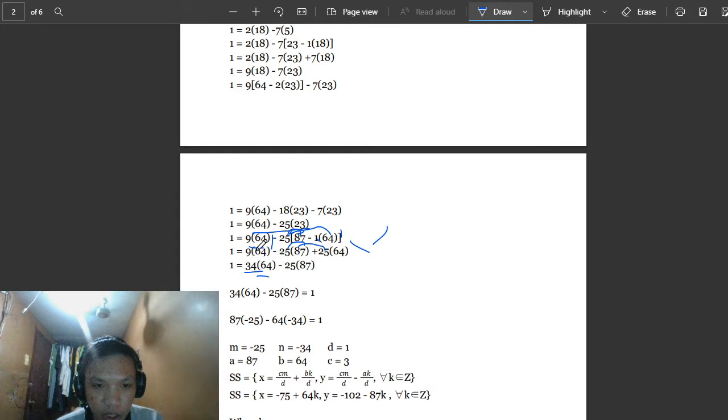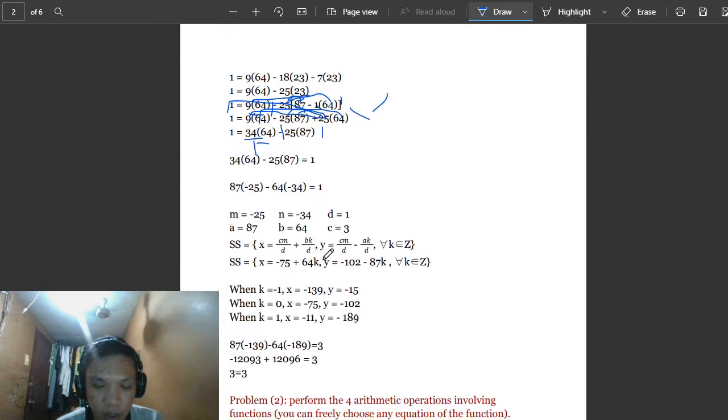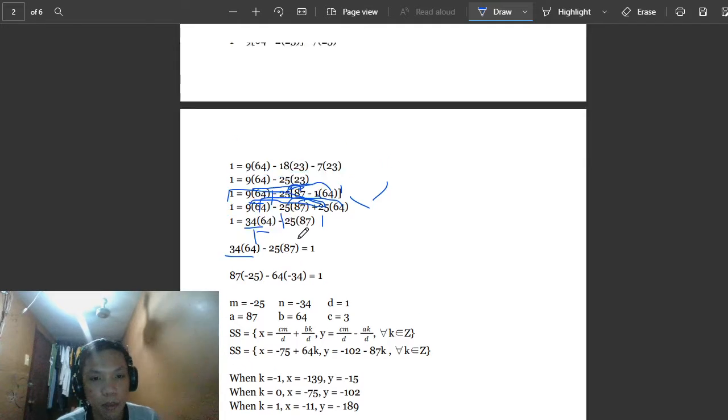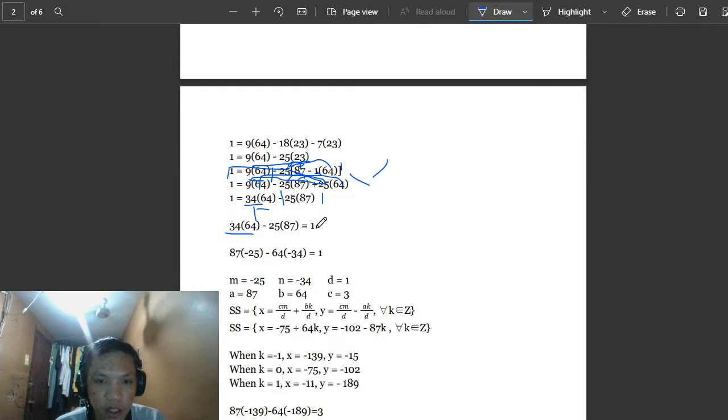So, 34 times 64 equals 2587. Add these two, it becomes 34. Then copy this one. Add, copy. Then bring down the 2587. So, 34 times 64 minus 25 times 87 equals 1.